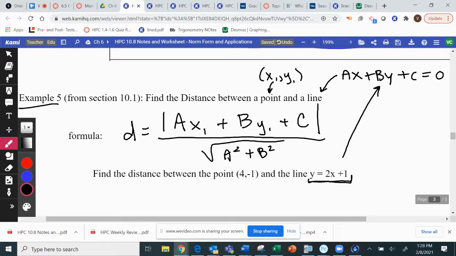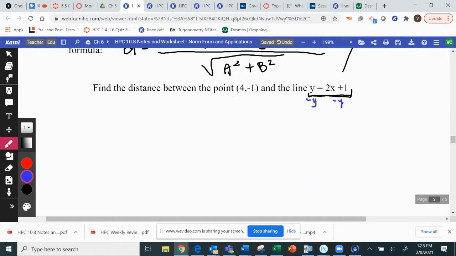Sanjay, can you help him? Is there a way to do it faster and in fewer steps? Subtract the y. That's the way I would do it, but you could do it the other way too. I just try to do as little as possible. So subtract the y from both sides, and then we will have 2x minus y plus 1 for that equation.